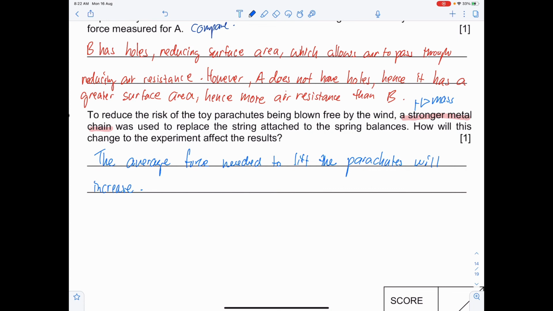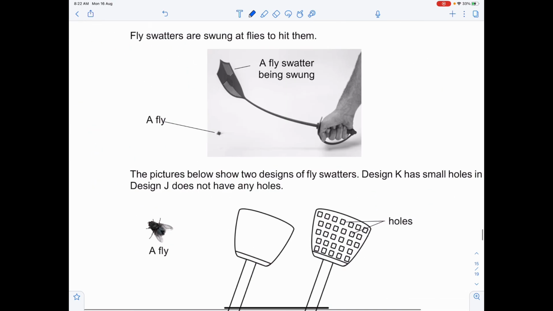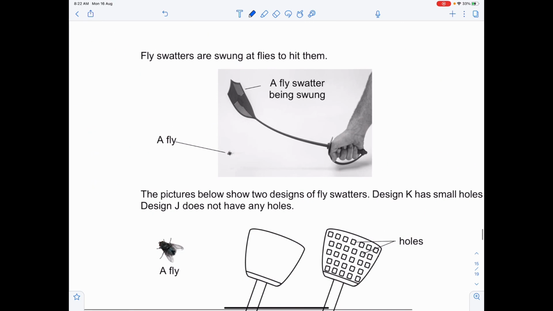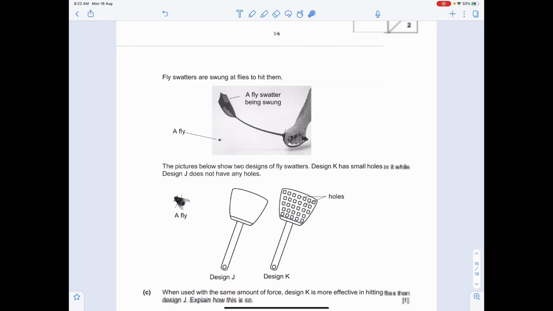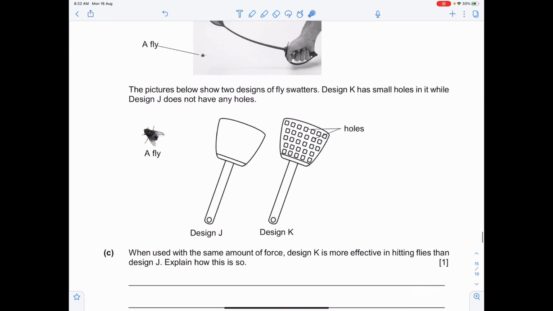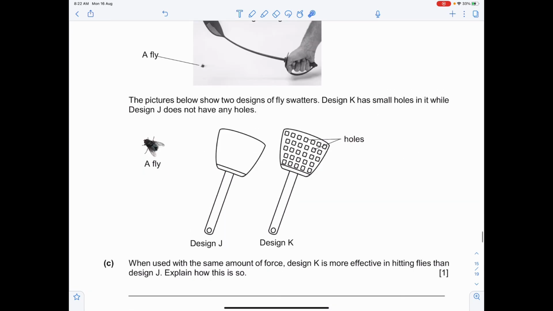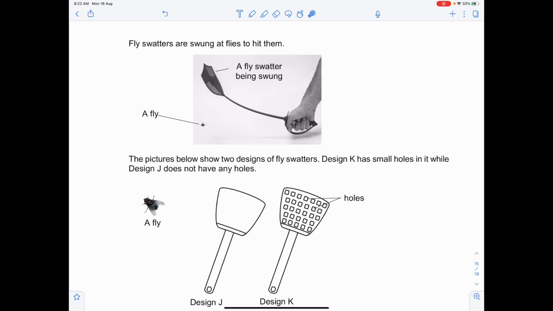Alright, moving on. Next question, fly swatter. Fly swatters are swung at the flies to hit them. So the fly is here. Let's zoom in. Hello fly. And then you want to smack it. Now, think about it. Flies are very fast, I hope most of you know that.